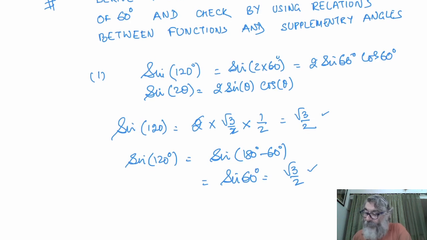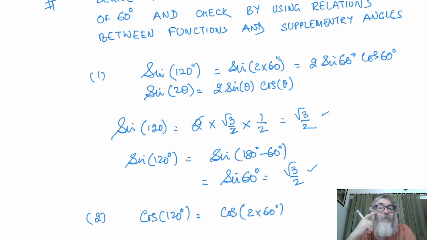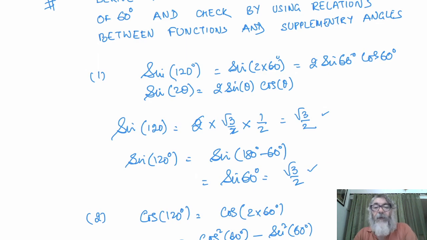For example, let me do for cos 120. Cos 120 degree means cos 2 into 60. Cos 2 theta is cos square 60 minus sin square 60. There are three variants of this. I am using cos square 60 minus sin square 60.